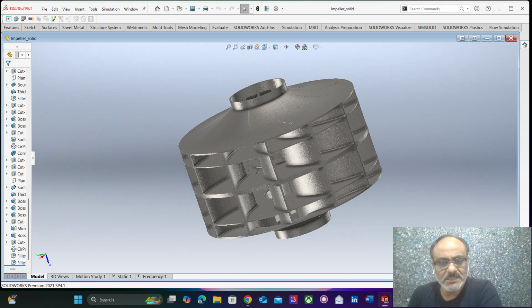These structures are generally made using metals, either by a casting process or by a fabrication process, and they range from 0.5 tons to about 10 tons in most cases.